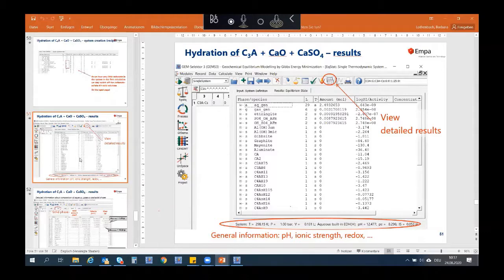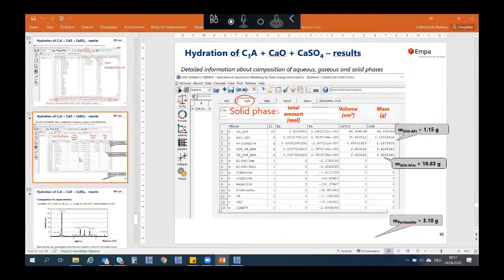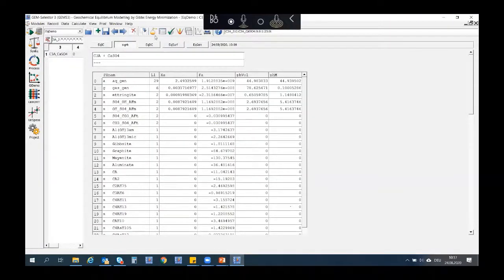We go back to this slide so I know what I wanted to show you. We also can look at the composition if we go to the second header, which says EQPH. PH stands for phases, equilibrium phases. We can see which equilibrium phases we have.